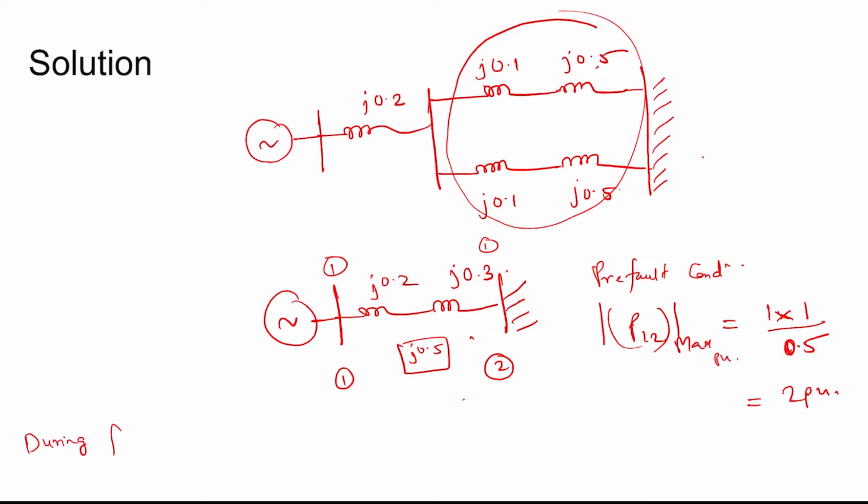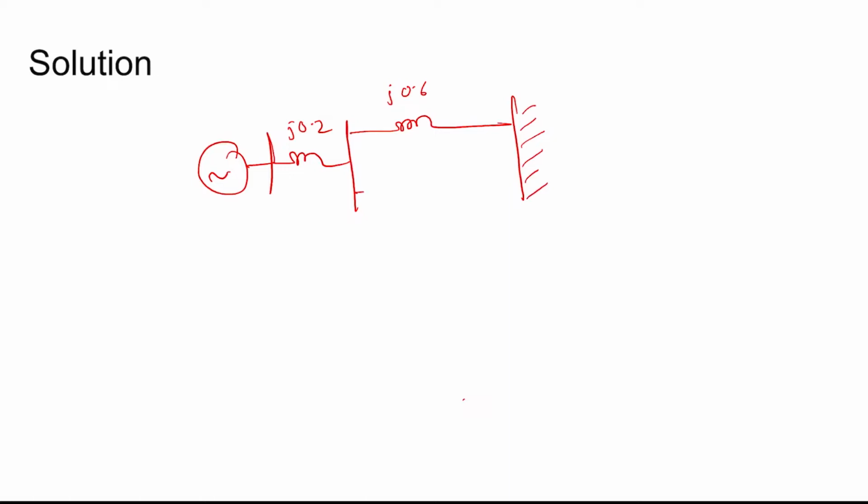Now, during a fault at the middle of line 2, that is this line, there is a fault. So now this is j0.2, this is j0.6, this is the infinite bus, and this line initially has the j0.1 impedance, and then you have the lumped parameter impedance j0.5.